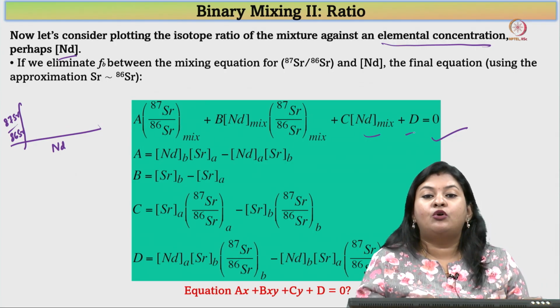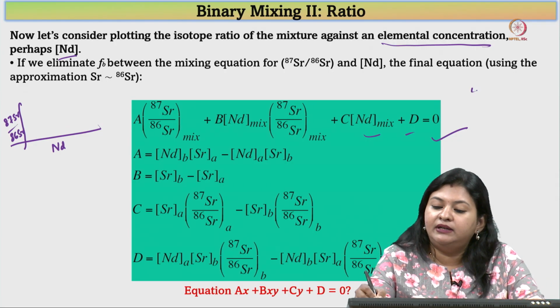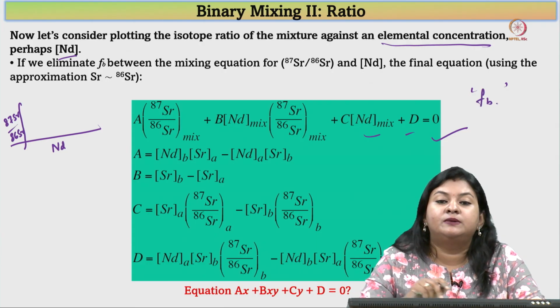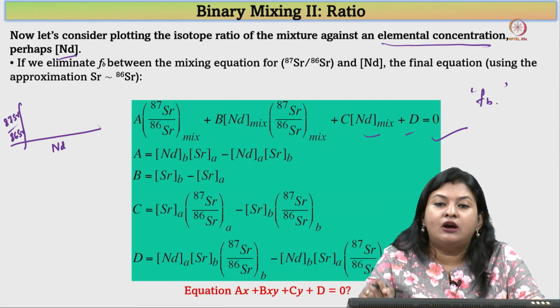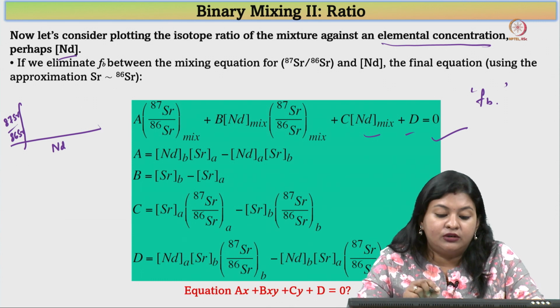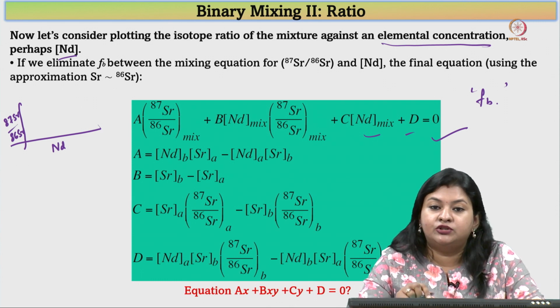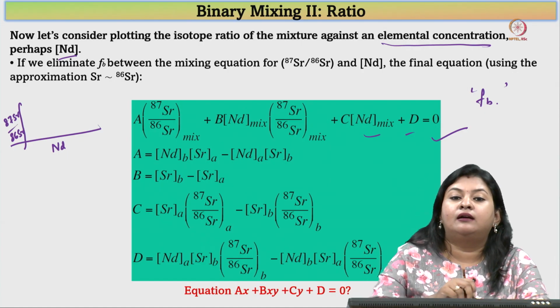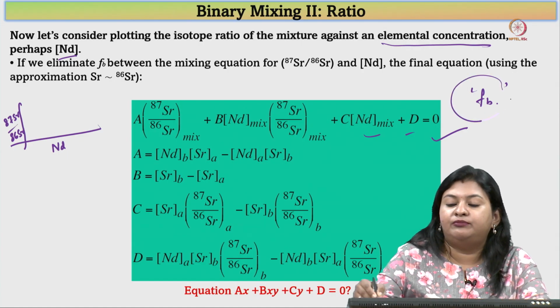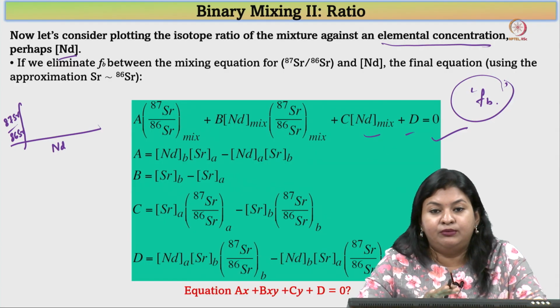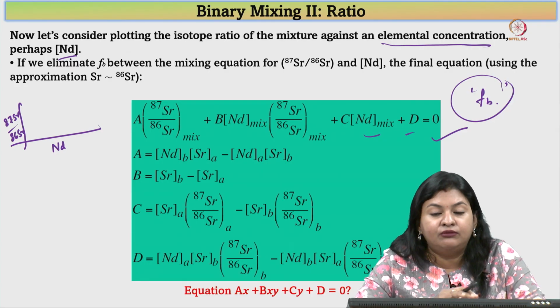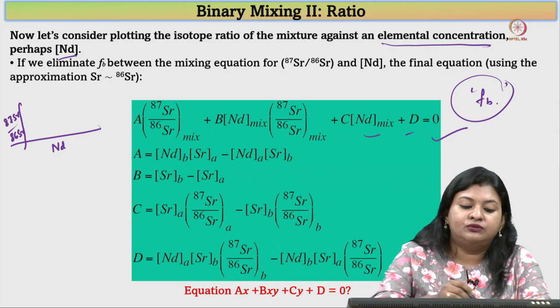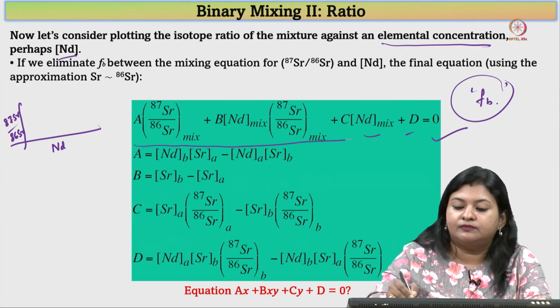So, we are going to solve for the parameter called fraction, because we have to find out Fb. We cannot put Fb in the equation. Using the data, we have to find our Fb. So, you have to eliminate Fb from the equations, and when we eliminate it, we come to this big equation.